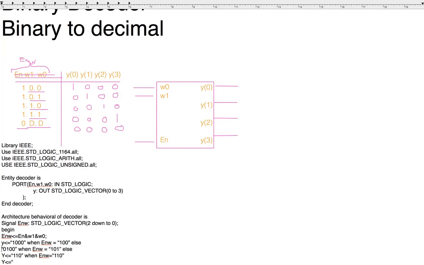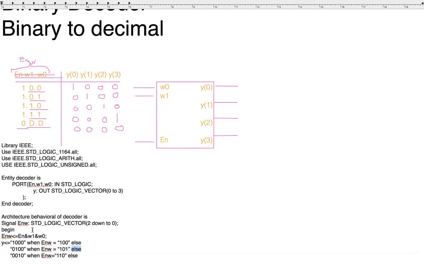And then it's like the with select where you only have to declare the output once. So for the when else, when, and then else, and then the next one, when, else, and then the next one. And so that's how it's different from the with select.